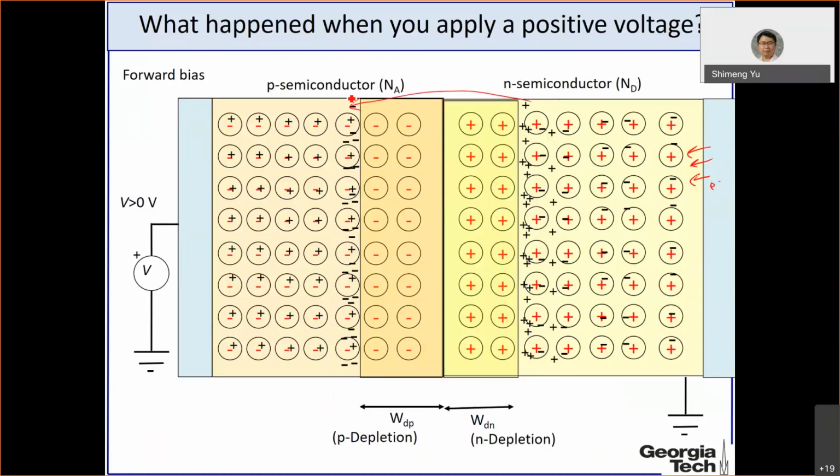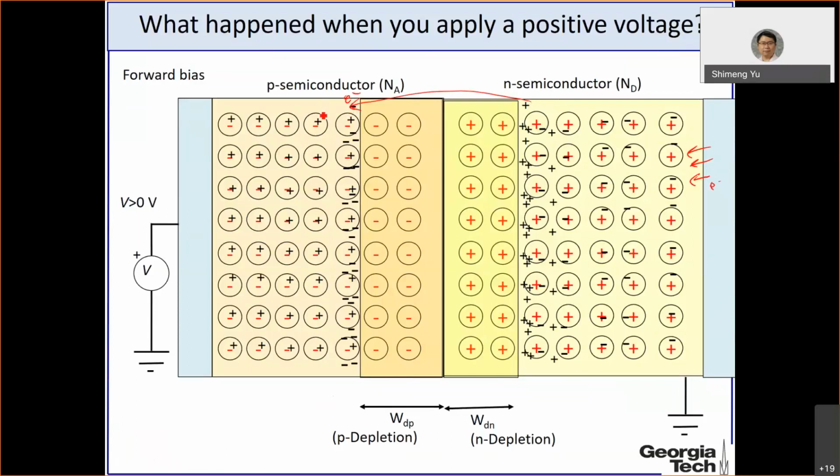So the electrons here will diffuse over the depletion region and then become the minority in the p-type. The first electron comes from the ground terminal to the n-type, and in n-type electrons are majority. But once the electron diffuses over this region, then the electron will become minority in the p-type.